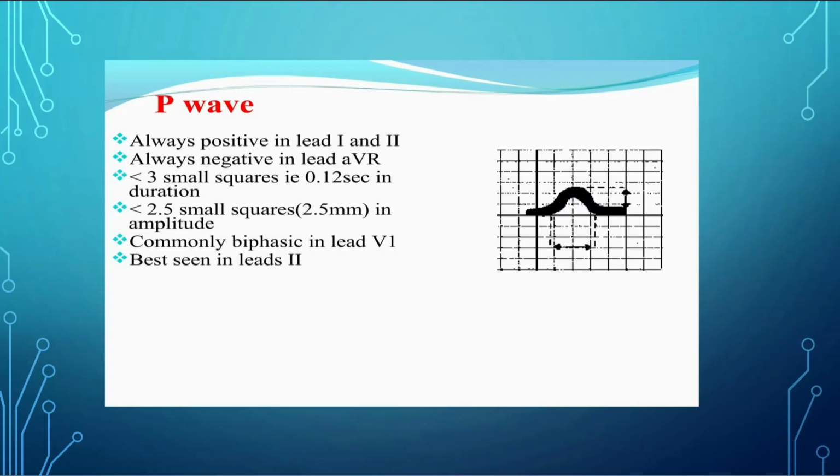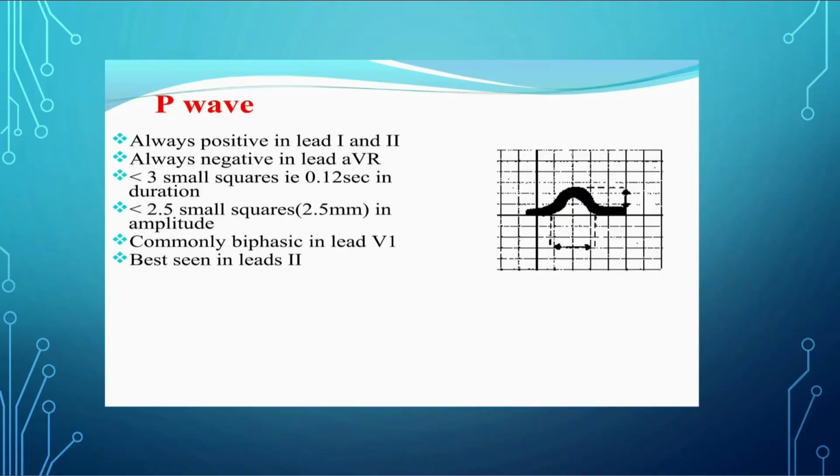Now what is P wave? P wave is always positive in lead 1 and 2. So you will always get a positive P wave in lead 1 and 2. P wave is always negative in lead aVR.